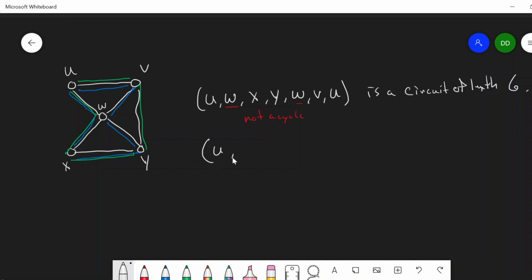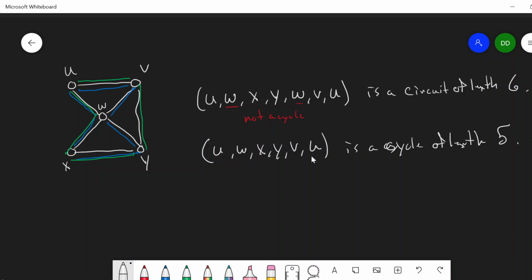So U, W, X, Y, V, U. So again, it's a closed walk, and we don't repeat any vertices. Since we don't repeat any vertices, we don't repeat any edges. So this is also a circuit, but it's a special kind of circuit. It's a cycle because we don't repeat any vertices. So this is a cycle of length 1, 2, 3, 4, 5, of length 5.